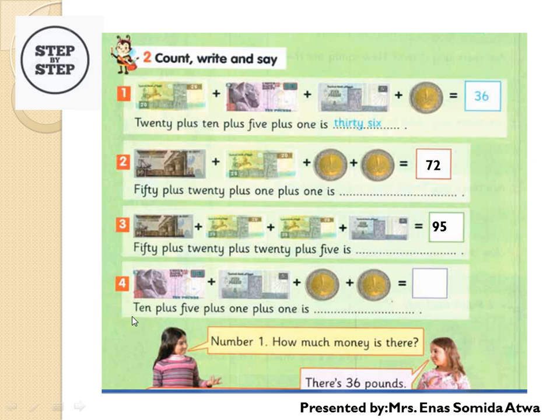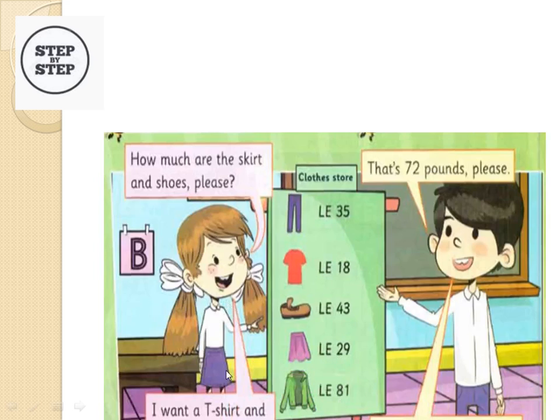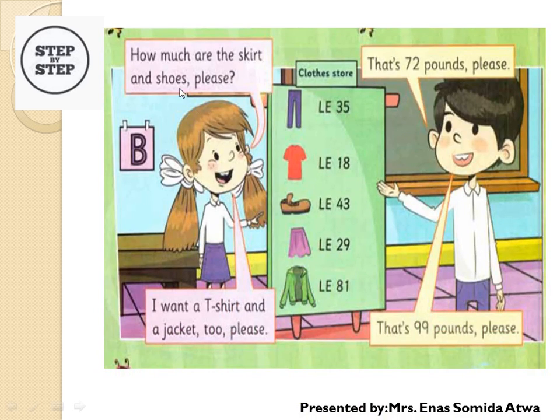Number 4 10 plus 5 plus 1 plus 1 it will be 17. لما اجي اسأل عن تمن الحاجة اقول how much money is there او الفلوس اللي موجودة قد ايه. There is 36 pounds. ماشي تمام. عشان نسأل عن تمن الحاجة how much are the skirt and the shoes please. Skirt and shoes نجمعهم مع بعض, that's 72 pounds please.